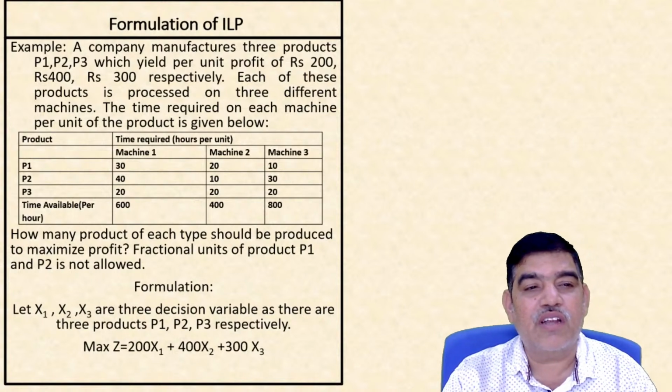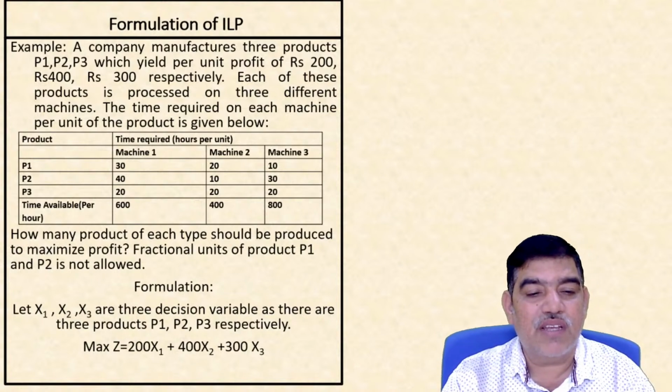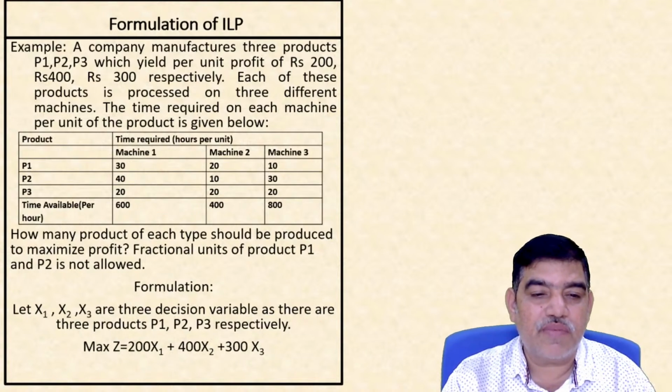Let us consider there are 3 products. Hence, the decision variables x1, x2, x3 are 3 decision variables as there are 3 products P1, P2, P3 respectively. What is the objective function? Now we construct the objective function, that is maximize, because in the question it is mentioned maximize profit.